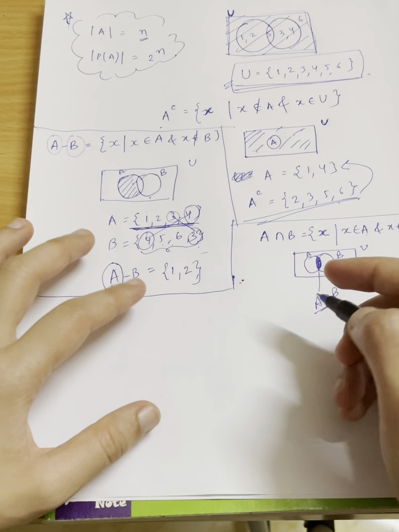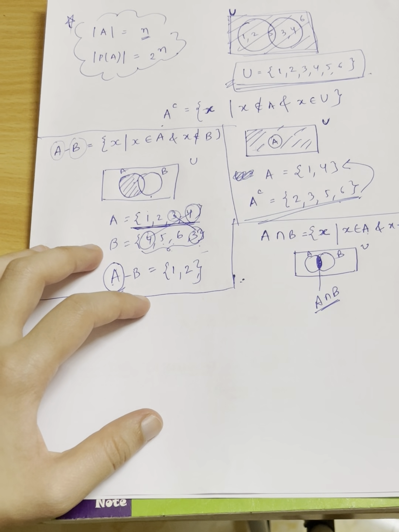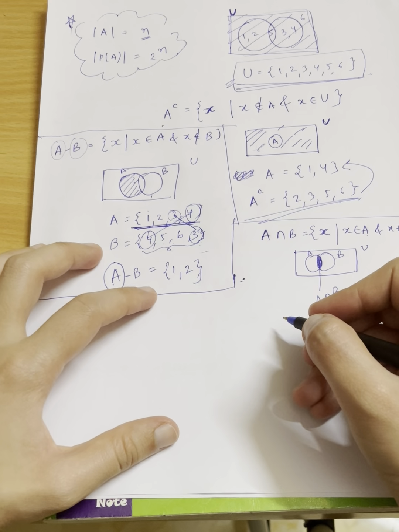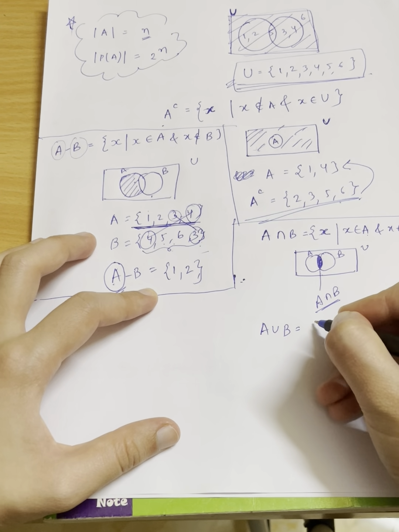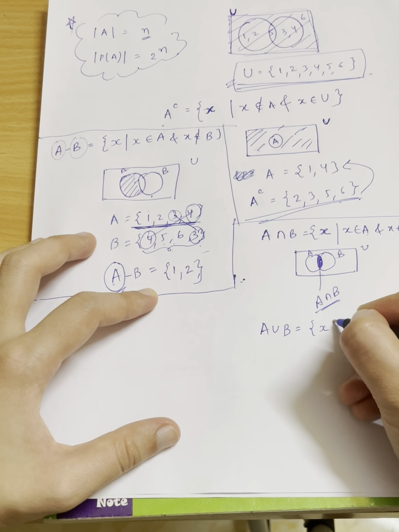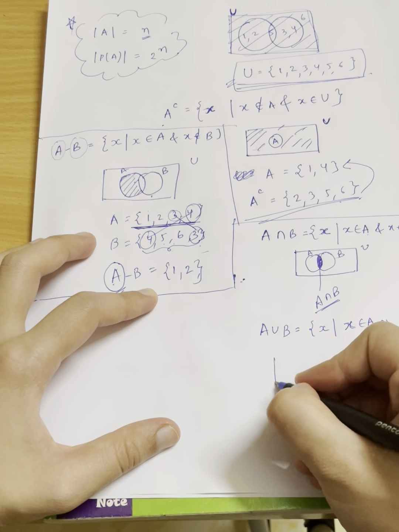Now let's talk about what is set union. Okay, so what is set union? Set union is represented by A union B. Let's talk about the mathematical or general way. So if X belongs to A or X belongs to B, what does it mean?